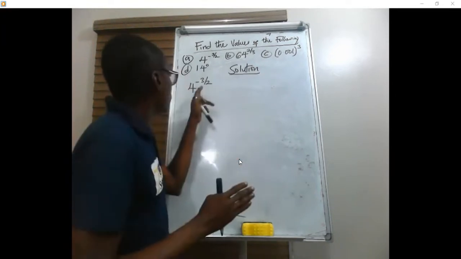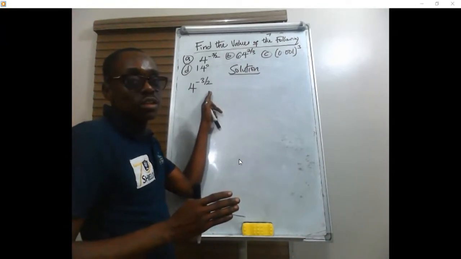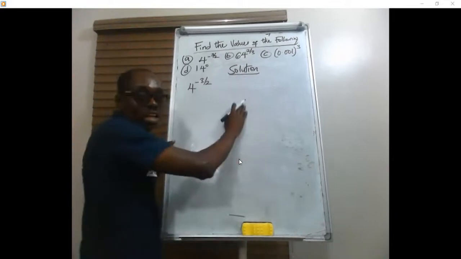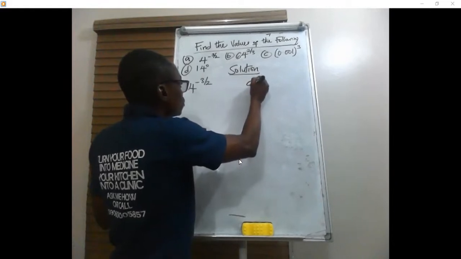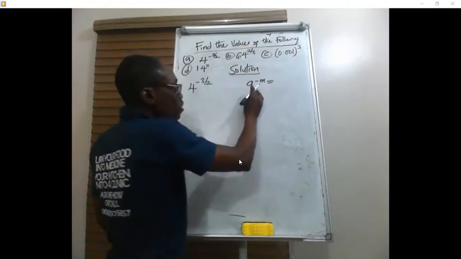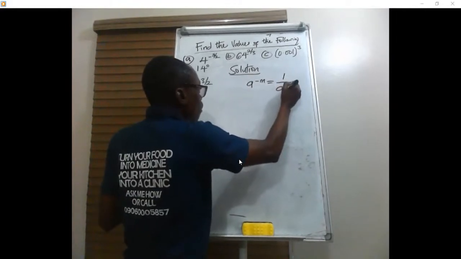So 4 raised to power minus 3 over 2. Which rule are we going to use? This is the reciprocal rule, the negative index rule. It says that a raised to power minus n is the same thing as 1 over a raised to power n.